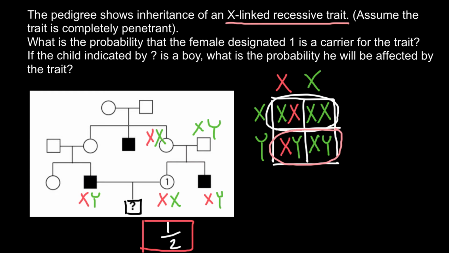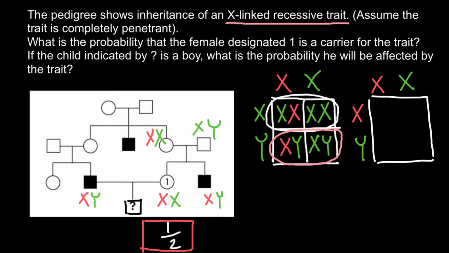So now we have to find the probability for this person to be affected. In order to solve this problem, we have to build another Punnett square. So his mother has a 1/2 probability to be a carrier, and the genotype of his father we know is a defective X chromosome and a normal Y chromosome. So when we build a Punnett square, we can see the probability for the progeny to be affected with this genetic disorder.